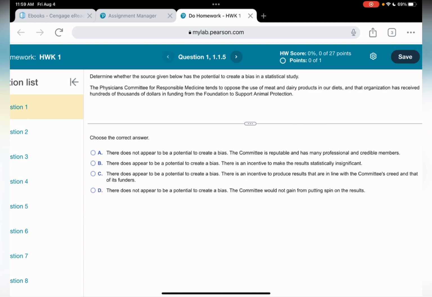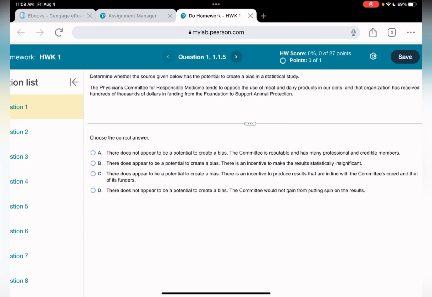Now, you take a guess. Do we have here potential bias or not? I would say with confidence, yes, we have a potential. They promote not to eat meat and dairy, and they receive money from animal protection support.